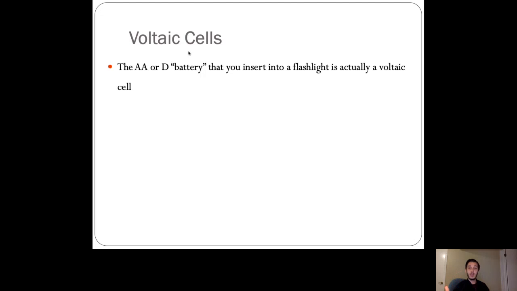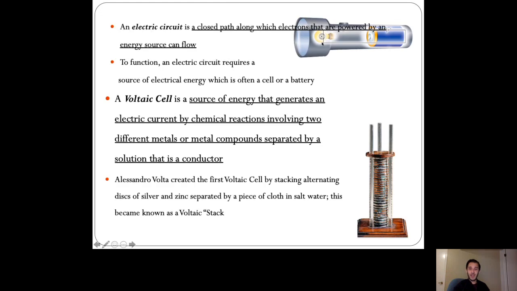Maybe you don't use flashlights anymore because you've got the flashlight on your phone, but I think we've all seen a flashlight before. If you haven't, this is a flashlight here on this slide, with a battery inside of it. It looks like a D battery and a light bulb.